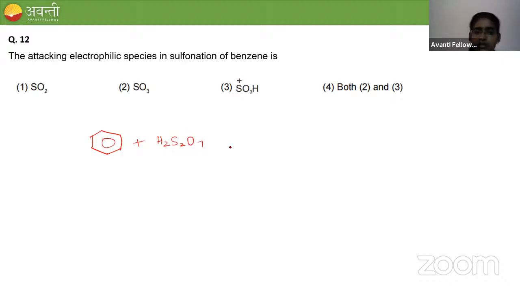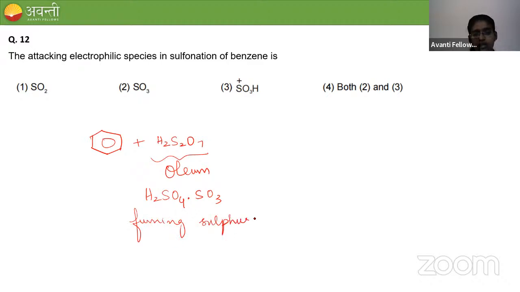Okay, H2S2O7 is nothing but oleum. So what is oleum? Oleum is fuming sulfuric acid. So we have to write like this, H2SO4.SO3. This is H2S2O7, and this is the oleum, which is otherwise called as fuming sulfuric acid.